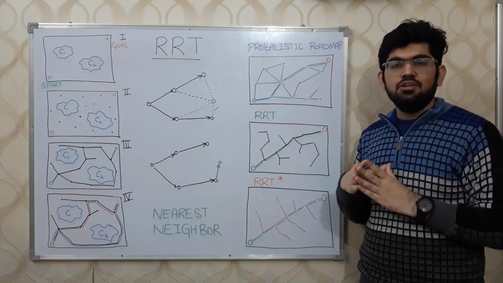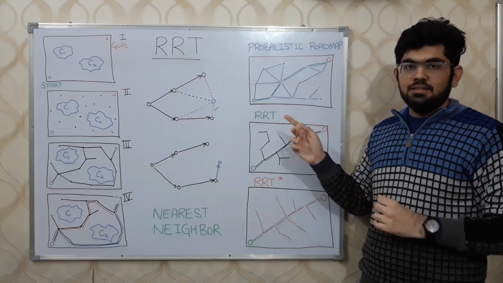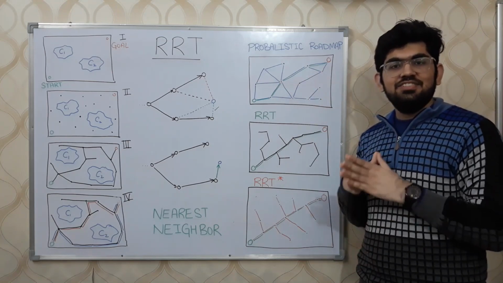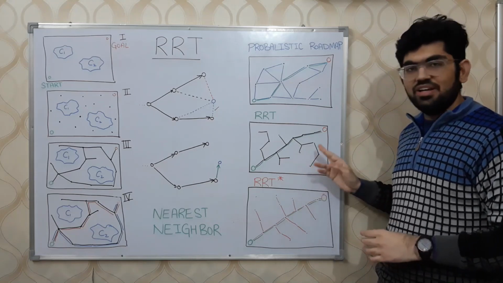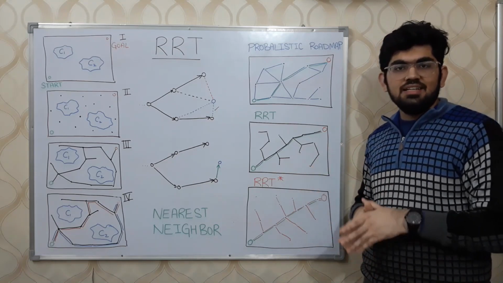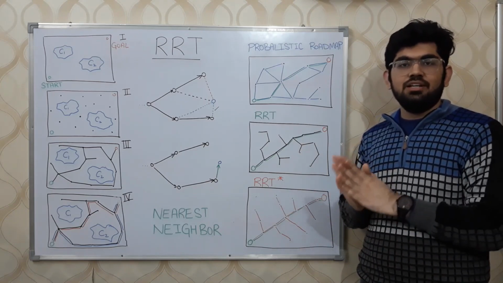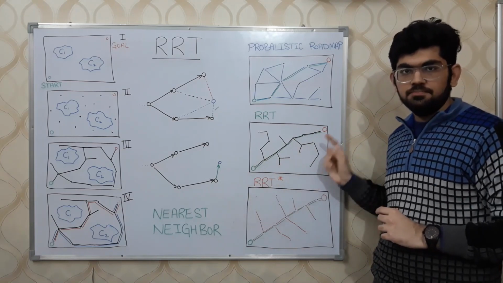Then we apply a shortest path planning algorithm like A star to get the path that goes from start to the goal. The structure of search in the RRT algorithm forms a tree, as we can see over here. Once the complete tree has been constructed, we can again apply any shortest path algorithm to get the path from start to the goal.